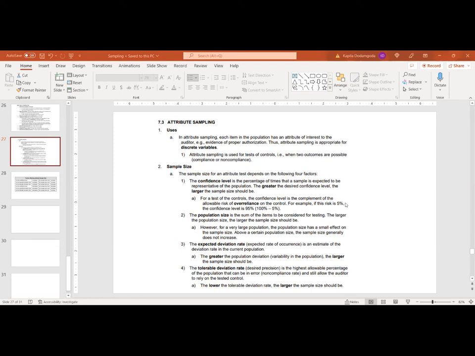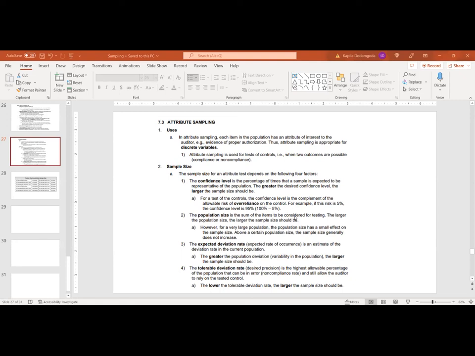But if you are going to make a conclusion with higher risk, then your level of confidence will be less. Therefore, confidence plus risk added together is 100. Confidence level is 100% minus risk. Risk level is 100% minus confidence level. Right? So the most important point is that the higher the confidence level, the bigger the sample should be.